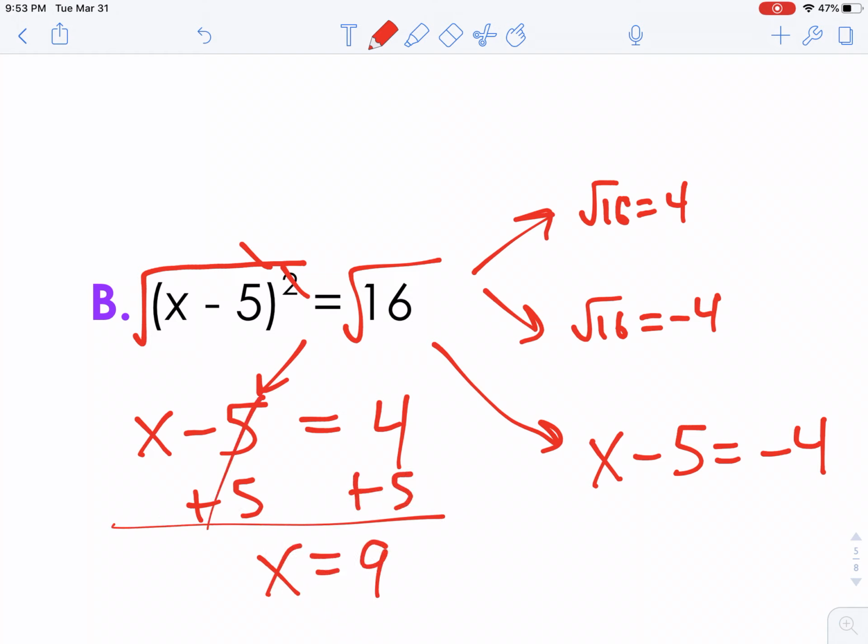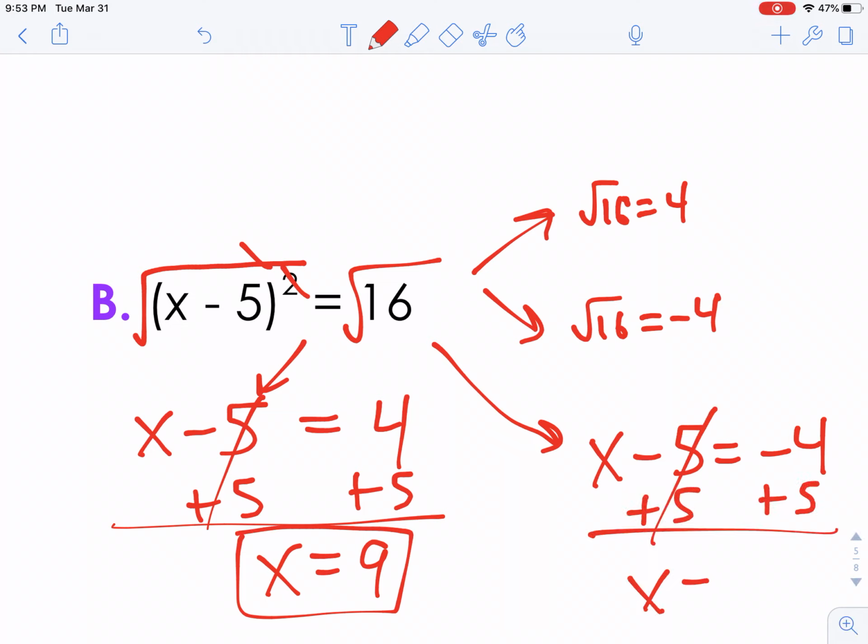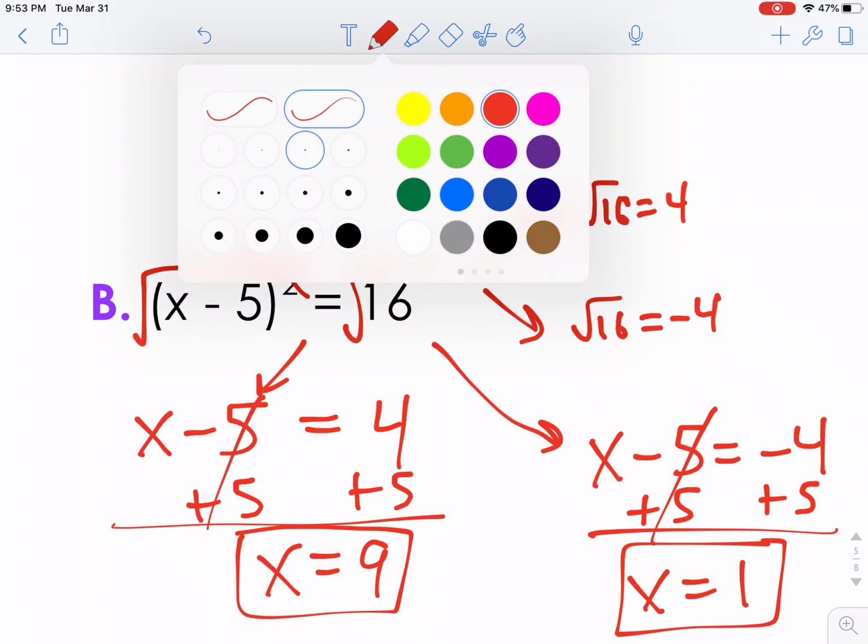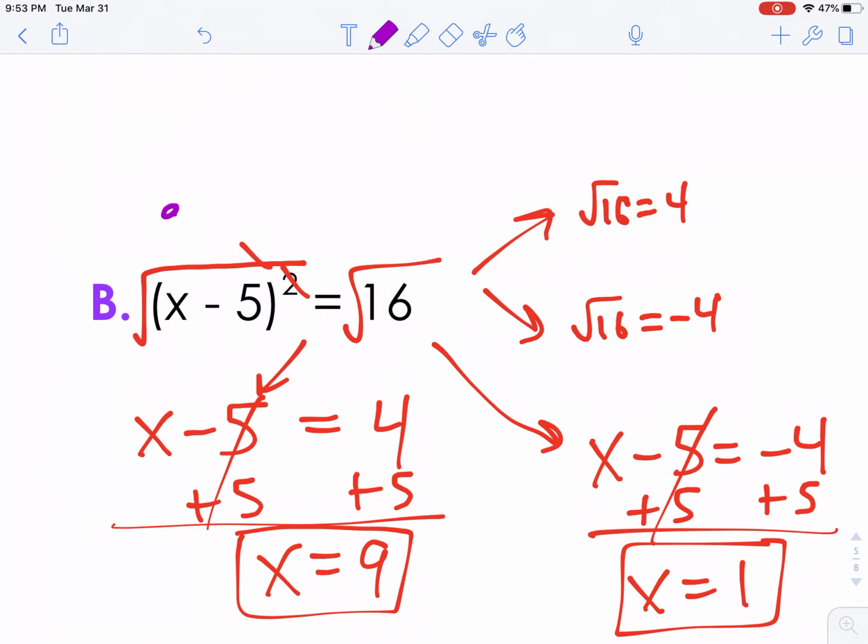So x could equal 9. Or if we add 5 on this one, x equals 1. Both are correct answers. And you can check that they're both correct by plugging them both in. Right? You can check both of them. 9 minus 5. If you take that and square it, does it equal 16? Yeah, it does.